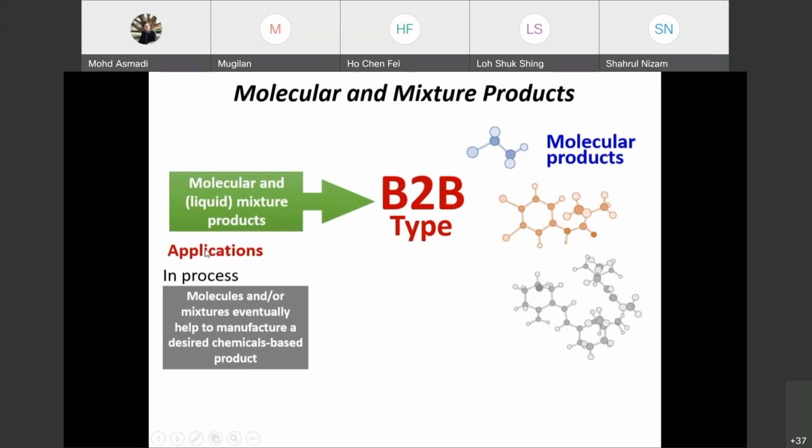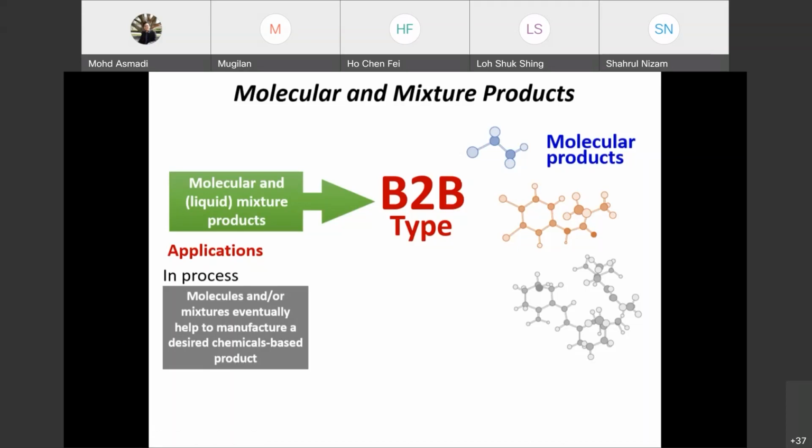So the application, if you look here, is that molecules or mixtures eventually have to manufacture a desired chemical-based product. They can be raw materials, so we have the manufacturer or the company to use them as raw materials to design the desired chemical-based products.